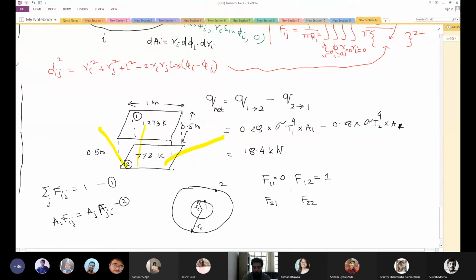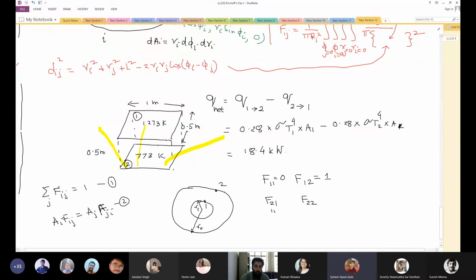Now we can use F12 to get F21 because these areas are known, and then the summation rule to get F22. So go ahead and get those values. Values means expressions. So F21 is R1 square by R2 square.